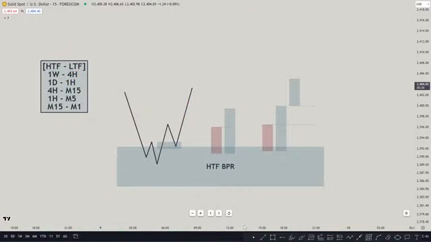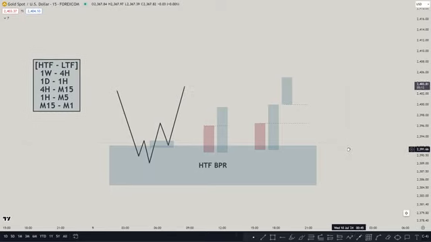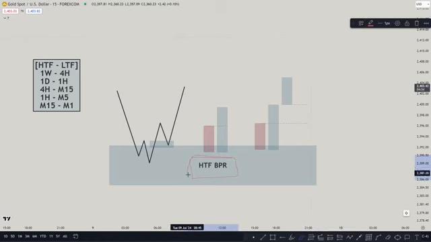When it comes to the trading plan, we always keep it simple, and in reality, simplicity wins, because you really want something simple so you can identify it easier in the developing price action, not the price action that just happened in hindsight, but the one that is going to happen. All we are going to look for is a higher time frame BPR and then a lower time frame confirmation.